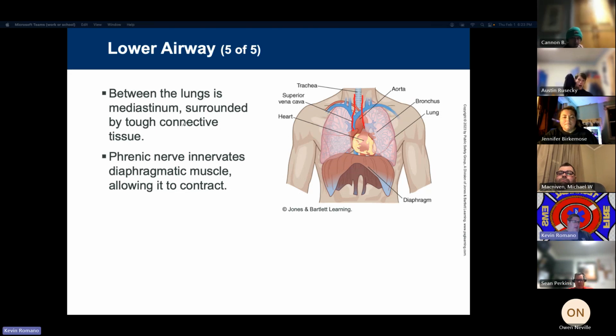Between the lungs, the mediastinum, surrounded by connective tissue, the phrenic nerves innervate the diaphragmatic muscle, allowing it to contract. Right. The mediastinum contains the heart and great vessels, the esophagus, the trachea, the major bronchi, and many nerves. That's why I was trying to draw it here. Now, it goes down a little bit farther than that. I just don't want to draw it.